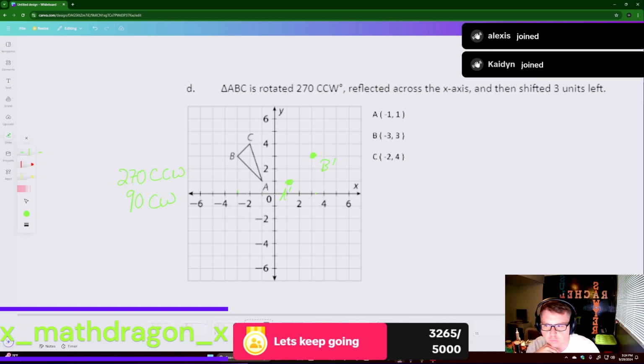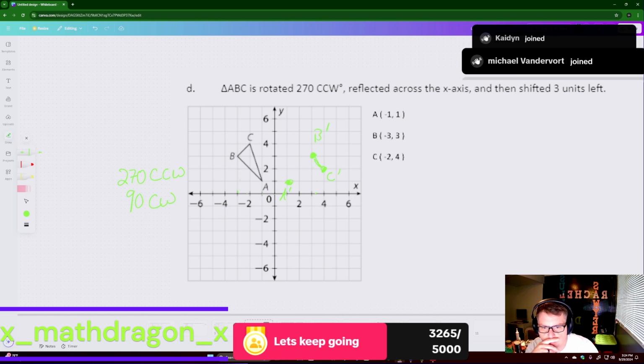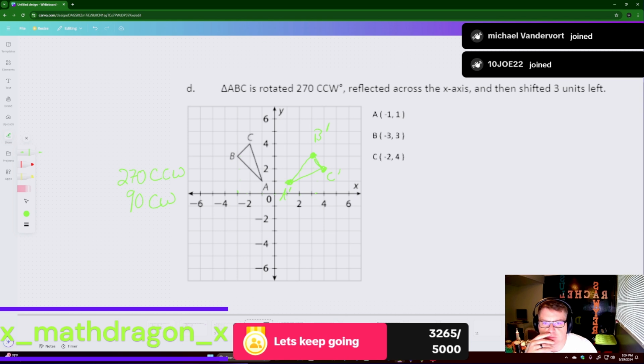So we should go 1, 2, 3, 4, 1, 2. So I should go 4, then go 2, and that's where C prime should be. So let's get rid of B prime. We can shift that up. There. That looks a little better. So that's rotated 270 this direction, or we're just going to do 90 degrees that way.